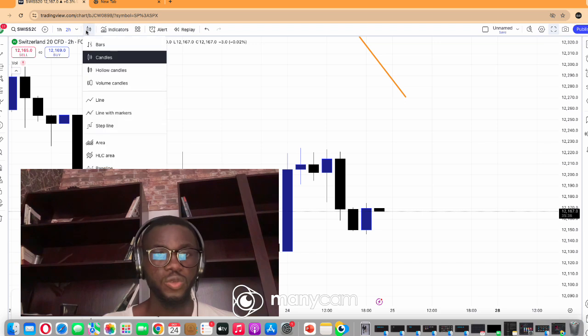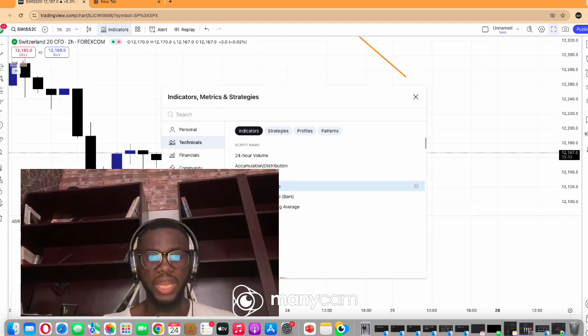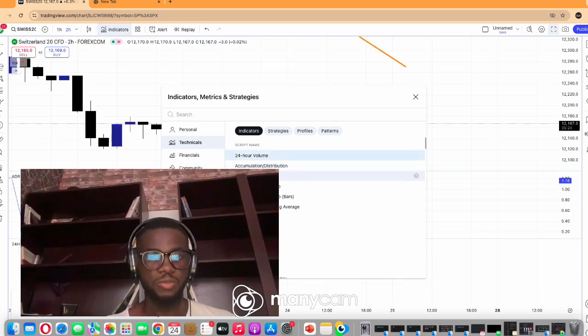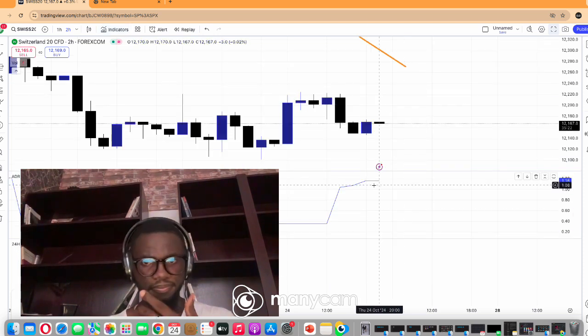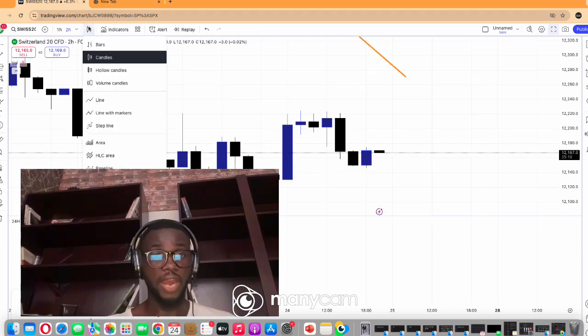Now, moving forward to indicators. What are indicators? Indicators are information that is based on algorithm. All right, they are based on algorithm. Some of the indicators you have are moving averages.